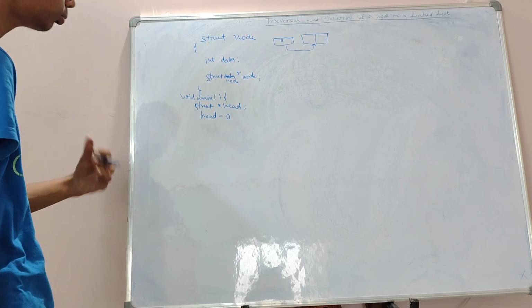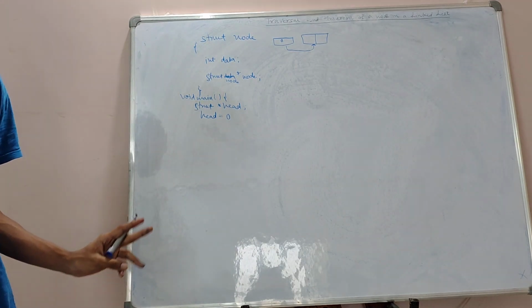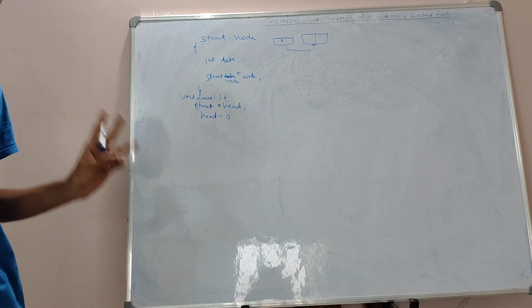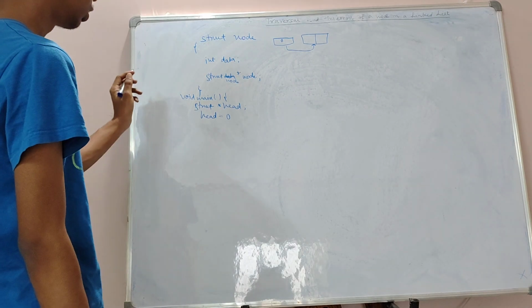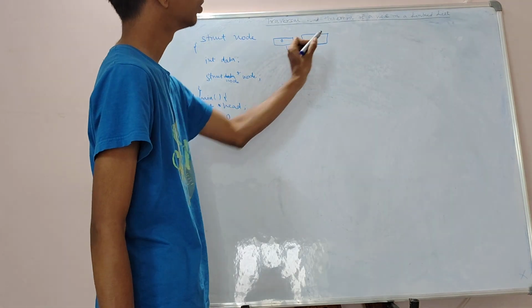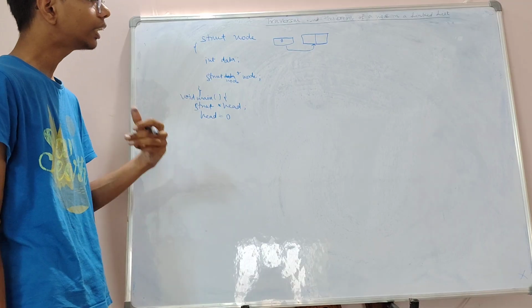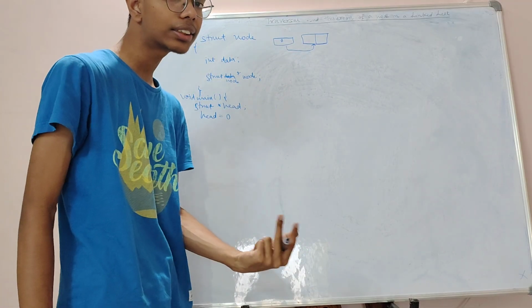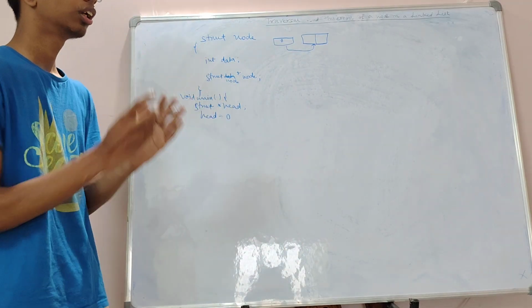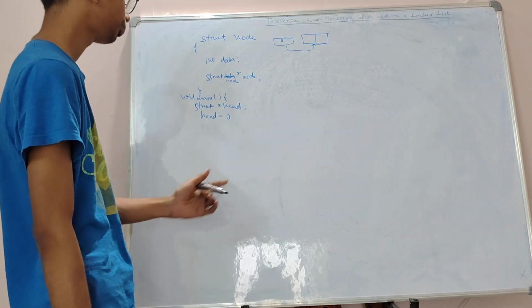Now what we will do further, we will use the malloc function to get a node, right? And what does a malloc function do? It returns the base address of that node or data type that we have declared, right?